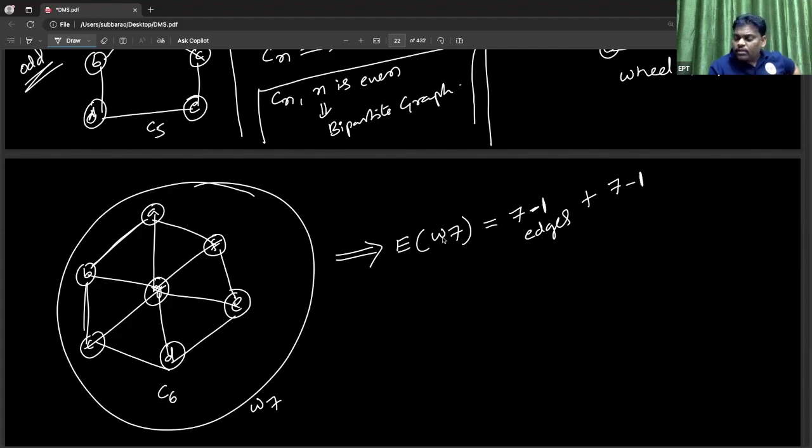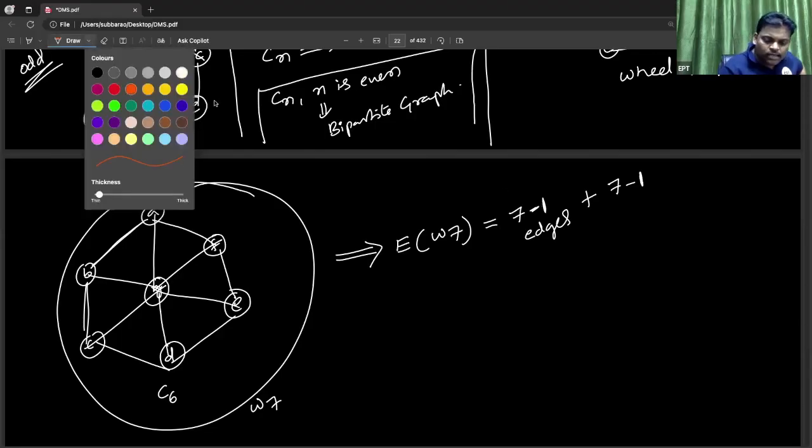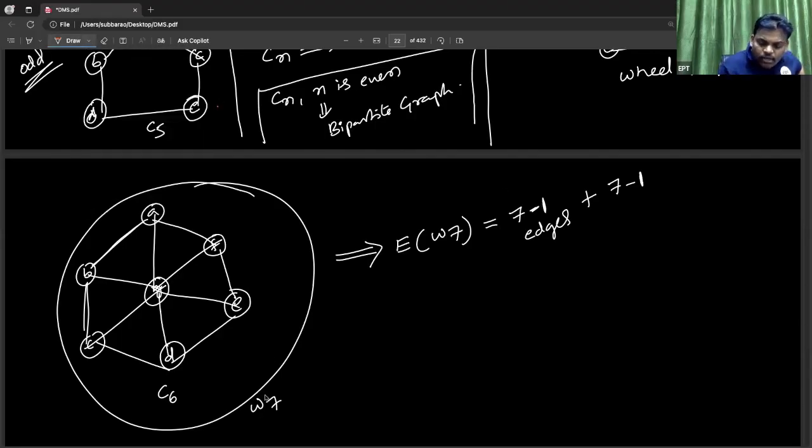W7 contains, first of all, 6 edges from the outside vertices, since it is a C6. But inside you added 6 more.